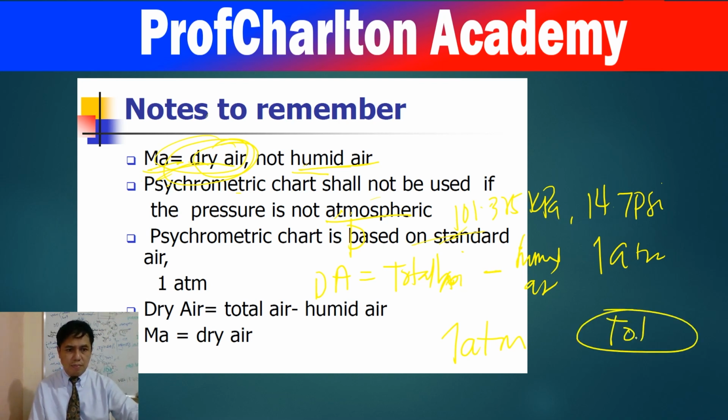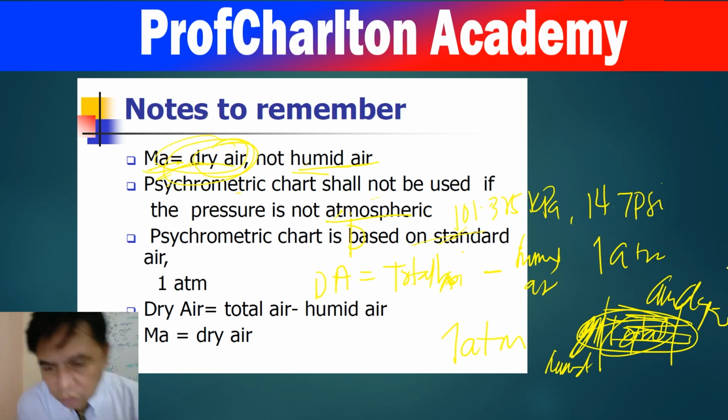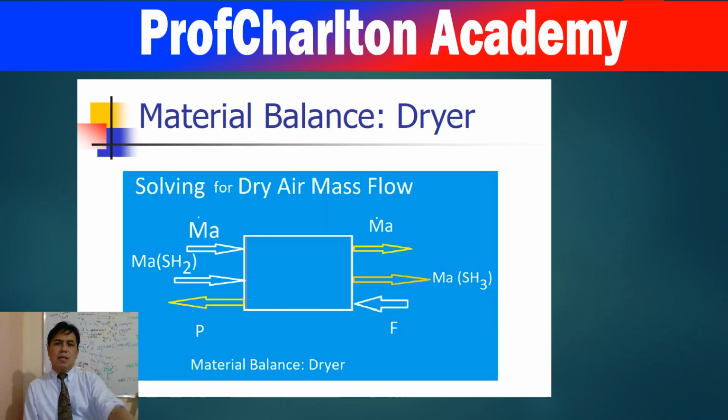So total minus humid, meaning the moisture, it will become full of dry air. Okay, so dry air is total air minus humid air, and M sub A, again I'll repeat, for computation purposes, we are considering the dry air there, not the humid air.